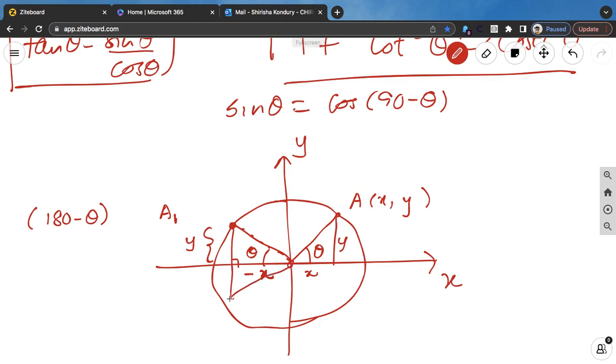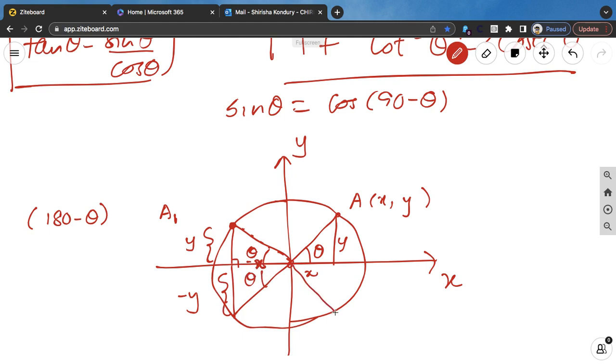Similarly, if A now moves in the third quadrant such that it again makes an angle theta, so let me redraw it. If it again makes an angle theta, you will see that I still have a similar triangle, but now I have the y value also along the negative and the x value also along the negative axis.